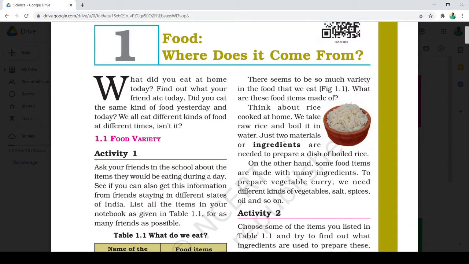What are these food items made of? Think about rice cooked at home. We take raw rice and boil it in water. Just two materials or ingredients are needed to prepare a dish of boiled rice. On the other hand, some food items are made with many ingredients. To prepare vegetable curry, we need different kinds of vegetables, salt, spices, oil, and so on.